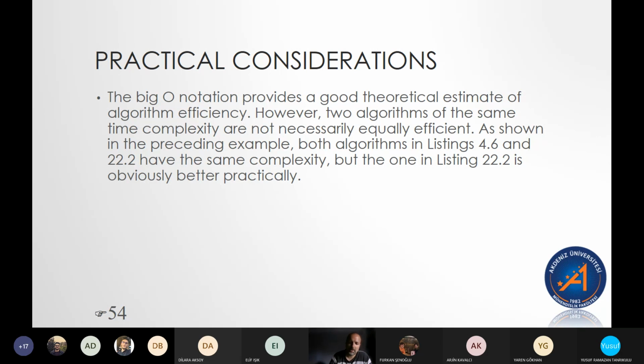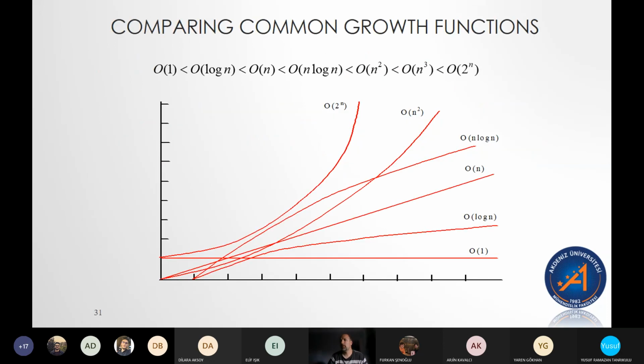All right. I would say make sure you understand this. Make sure you understand how these different algorithms' growth functions are related to each other. Which ones are greater, which ones are less, and that kind of thing. Again, this class is not your algorithms class.